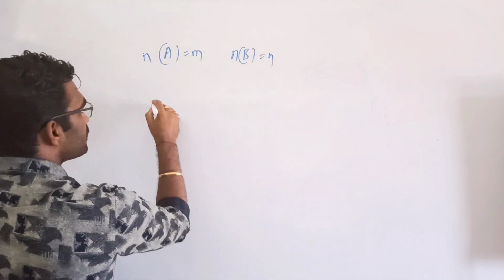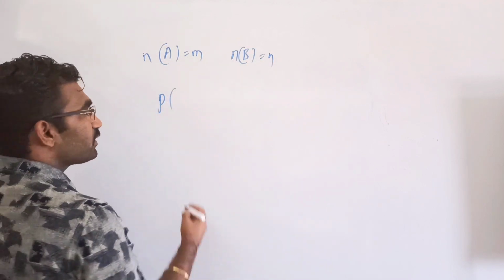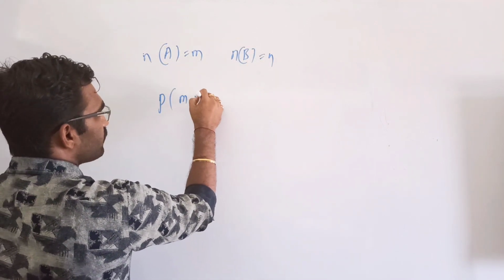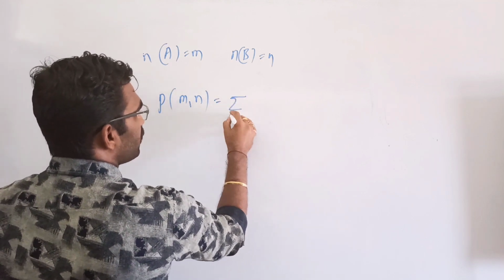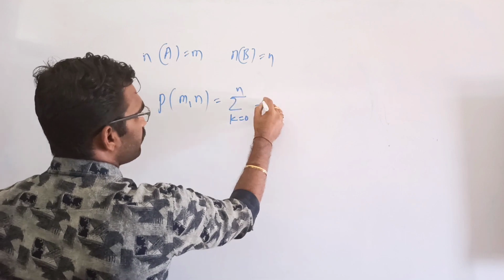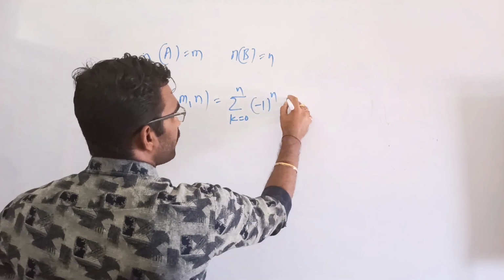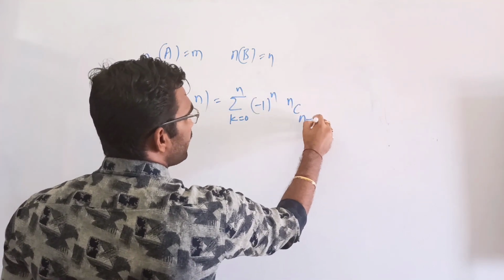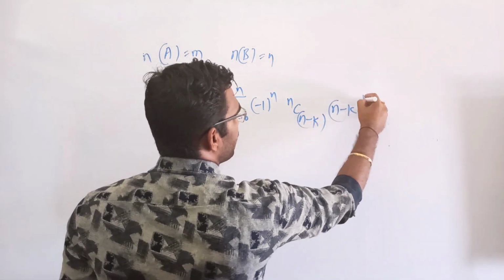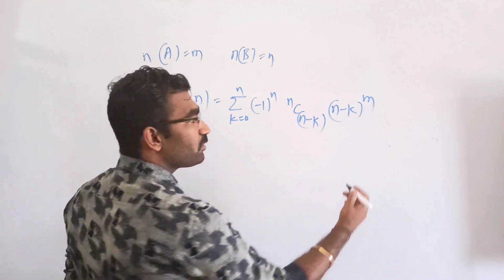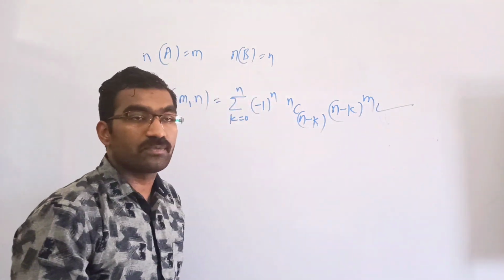The number of onto functions can be found using the formula involving partitions: the sum of k from 0 to n of (-1) raised to k, nC(n-k), times (n-k) raised to m. This is the formula to be used to find onto functions.